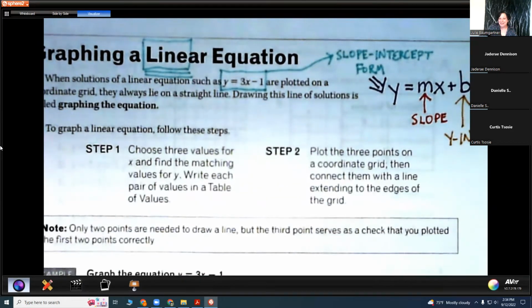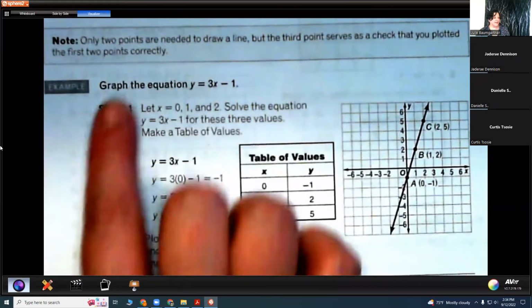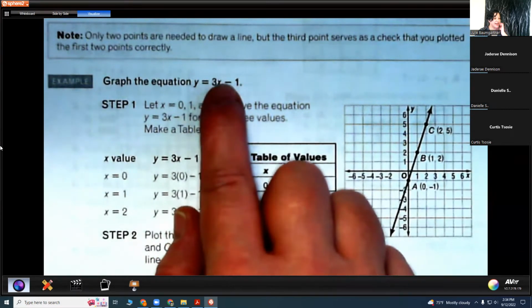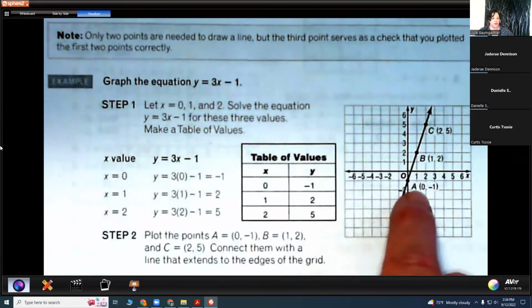All right. Okay. So hopefully everyone's feeling good. So you might see then a problem where you're given an equation, and you have to go from equation to the line.